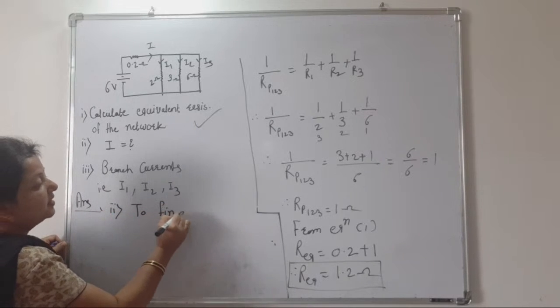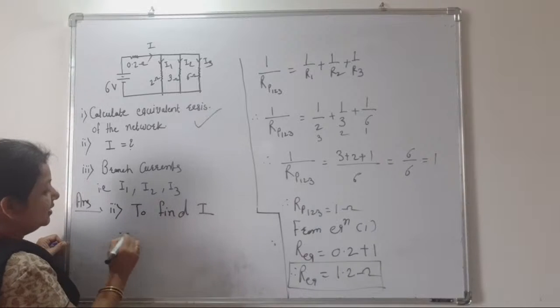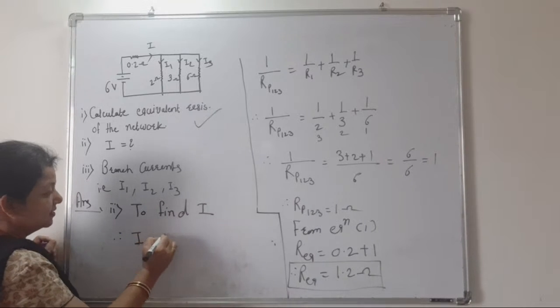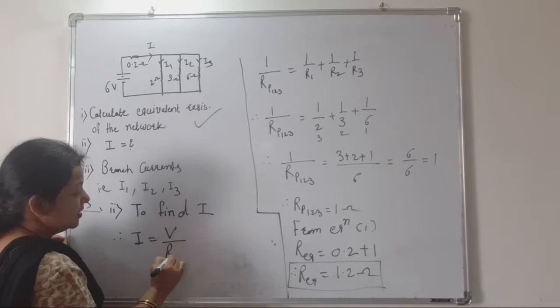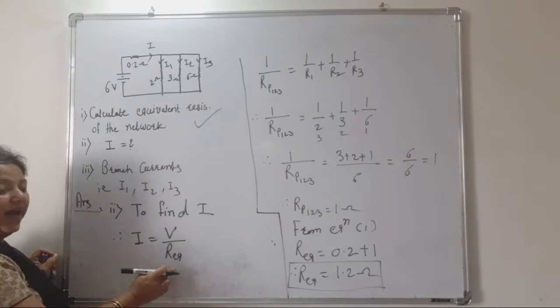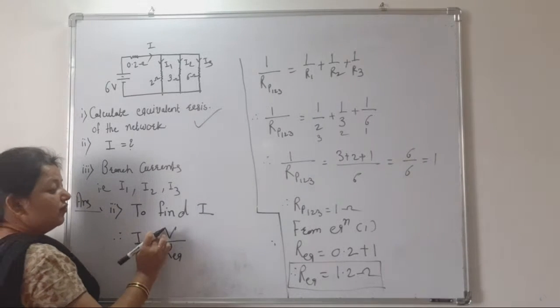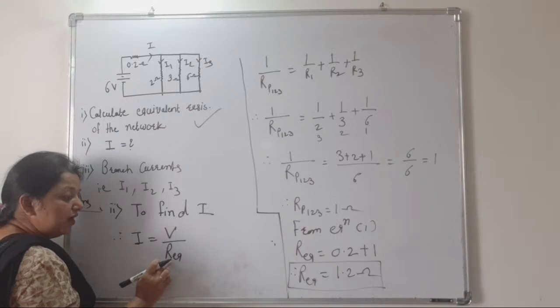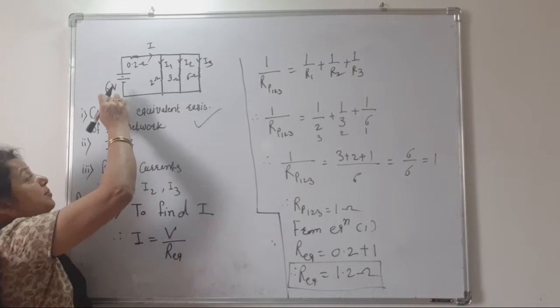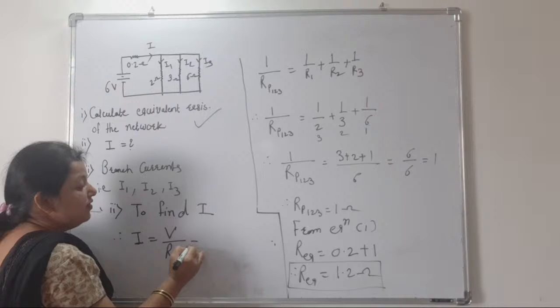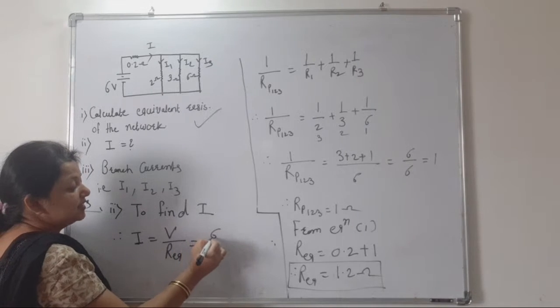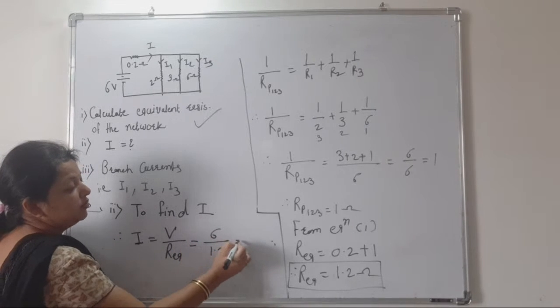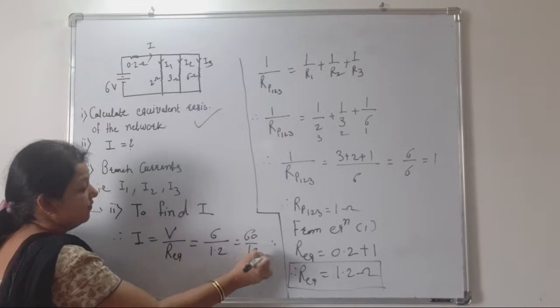To find I, therefore V is equal to IR. Therefore, I is equal to V upon R equivalent. Now we have calculated R equivalent, and we know V is the given quantity, 6 upon 1.2, which is equal to 60 upon 12.